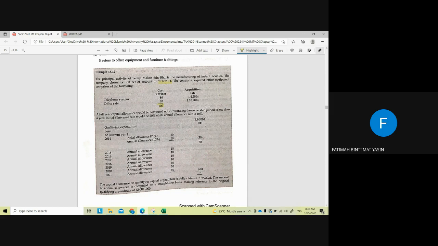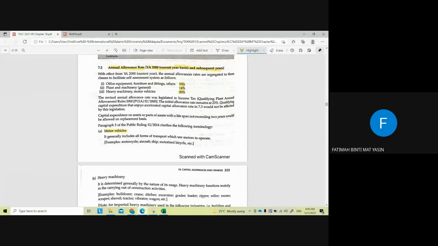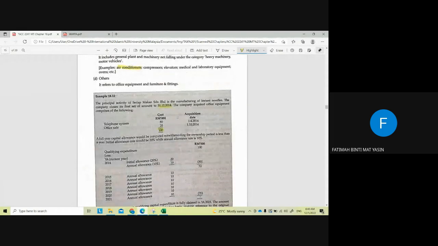If you look here, the rate for office equipment is 10% for the annual allowance. For the initial allowance, it is 20%. As we have discussed, annual allowance is the same for all types of asset, which is 20%. You must look at the acquisition date here, because it will determine when you can claim the initial allowance.